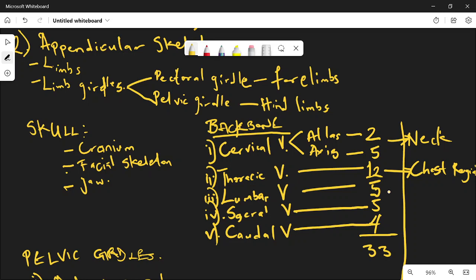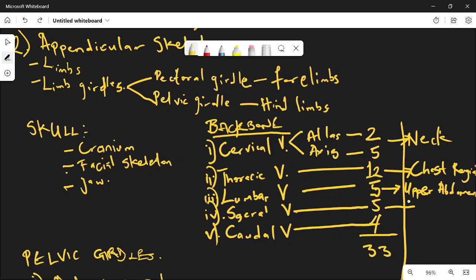And this one here we have in the upper abdomen.